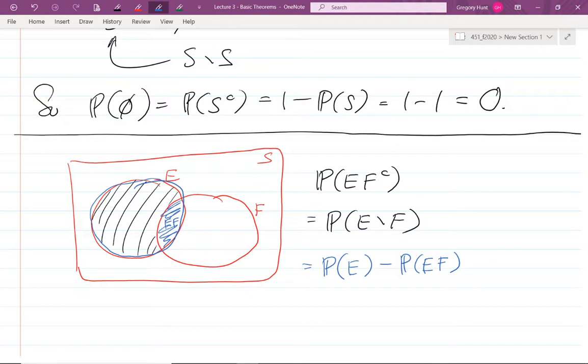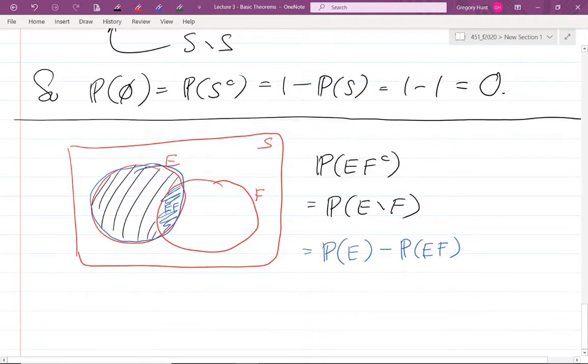That is the theorem. So let's prove it. This is a really useful little probability law that we're going to use a lot. Seems a little bit arbitrary, but if I want to calculate probability of one set with a chunk missing, I can kind of subtract out that chunk.